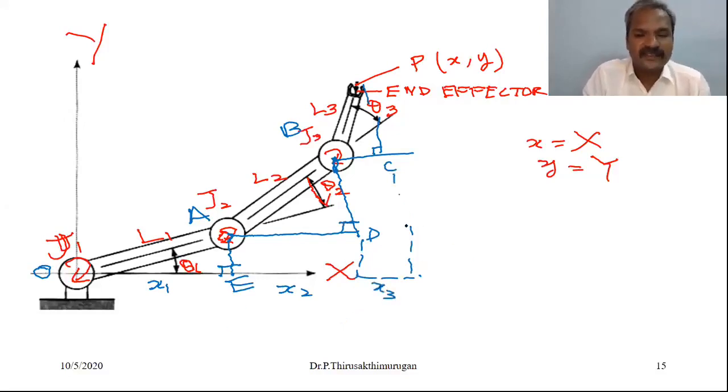Similarly, you define the vertical side: this is y1, this is y2, this is y3.